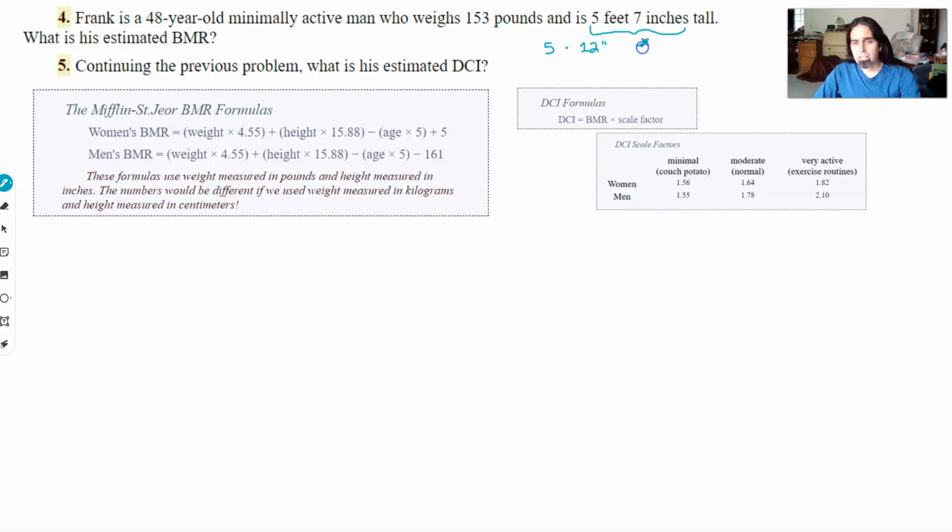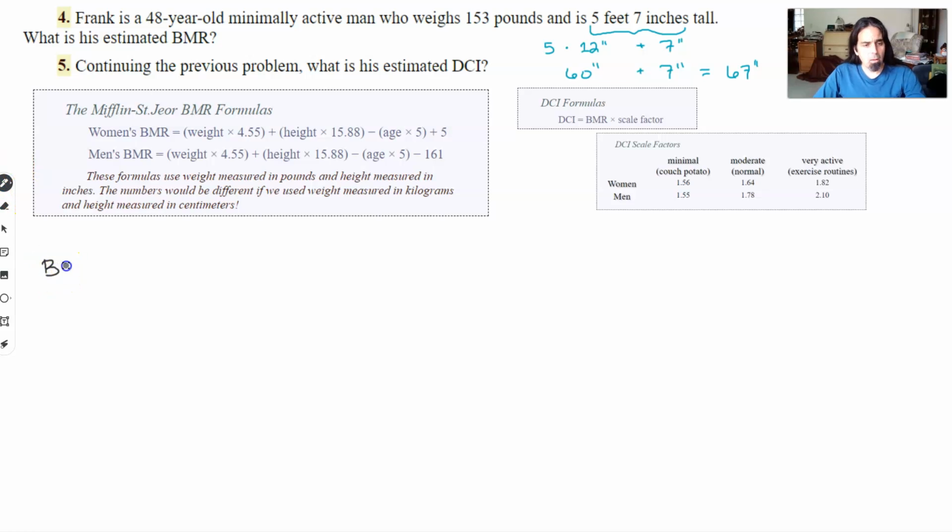And then we're going to add to that the 7 inches that are separate from the 5 feet. So that's going to be 60 inches plus 7 more is 67 inches. So the number we'll plug in to the formula will be 67. His age is 48. So now we're ready to plug things in.